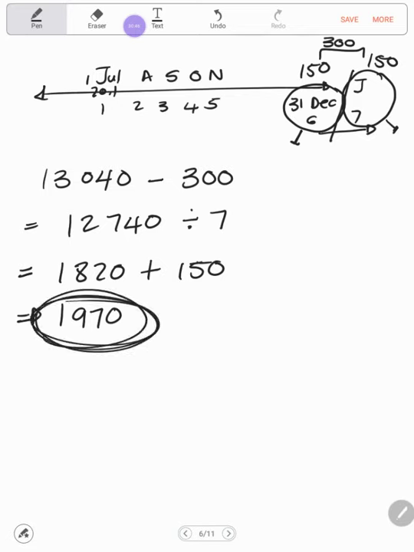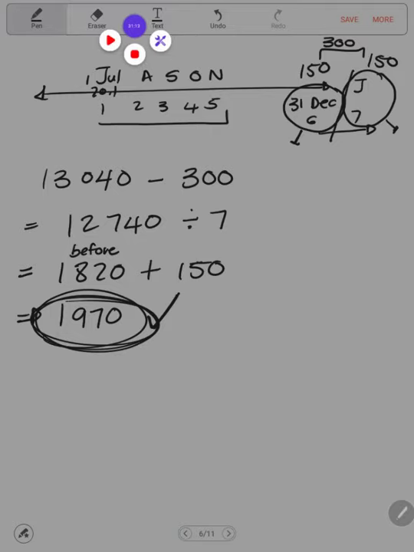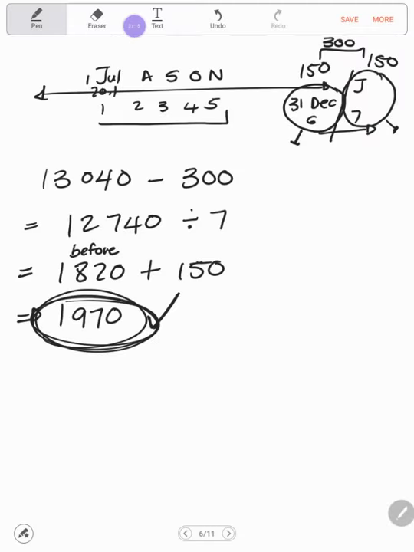This is now the actual amount with the increase. The 1,820 was before the increase, which the person has been paying from July to November. But on the 1st of December, there was an increase of 150. So this man has paid 1,970 Rand in advance. And remember, income received in advance is a liability. It is not your money until the next financial period.